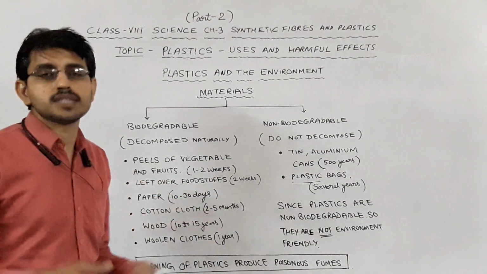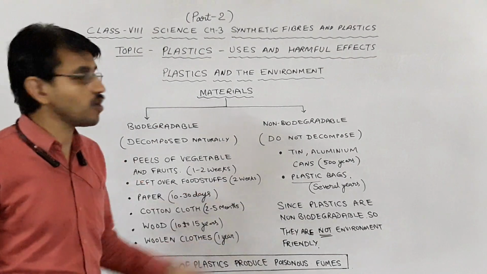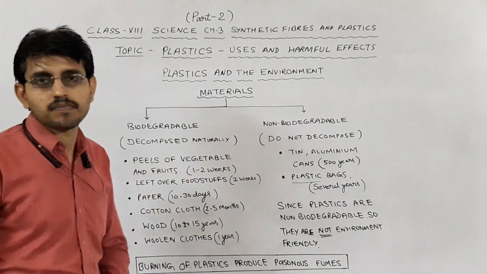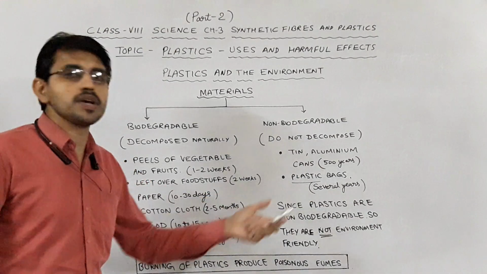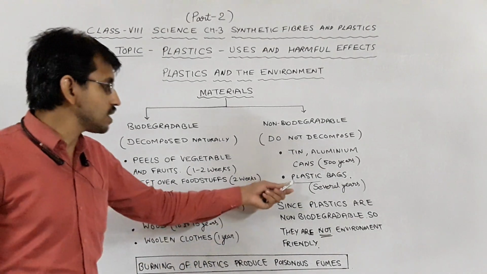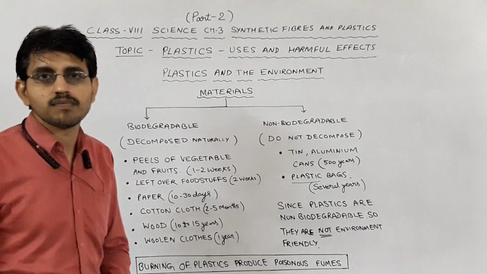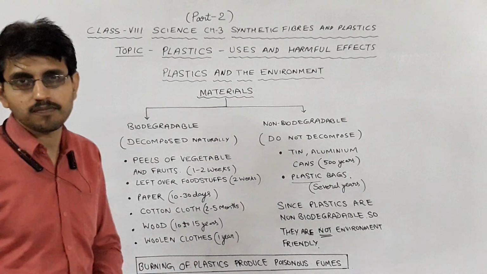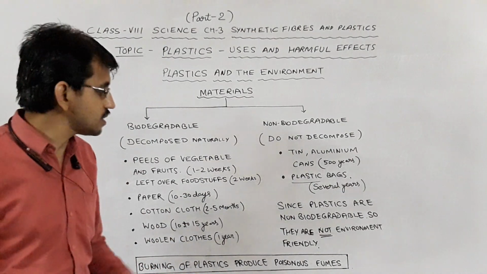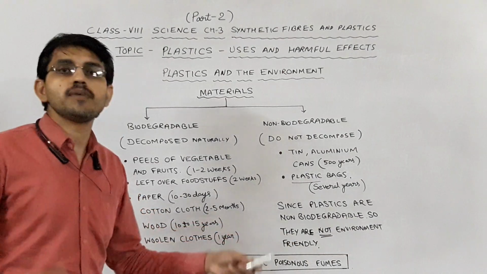Our topic is plastic. So plastic or plastic bags are also non-biodegradable. They take several years to decompose. Thus, we can say that the use of plastic is not safe from the environment point of view. In other words, plastics are non-biodegradable, so they are not environmentally friendly.